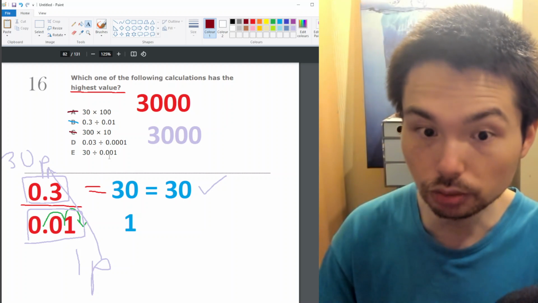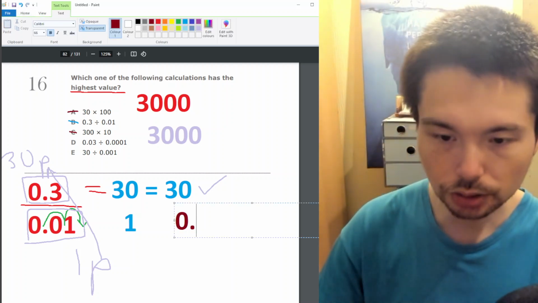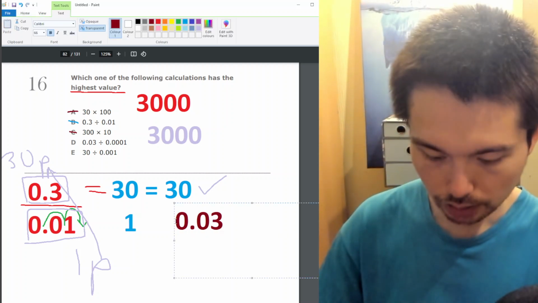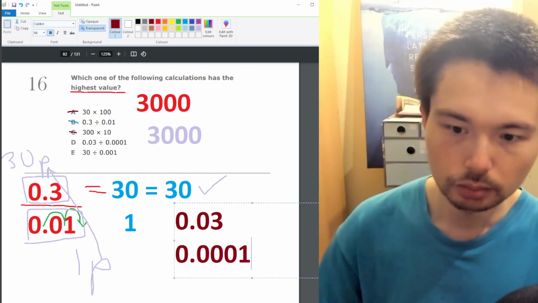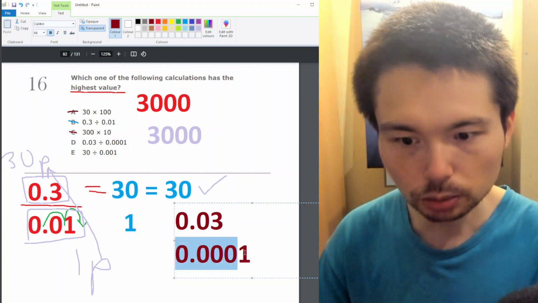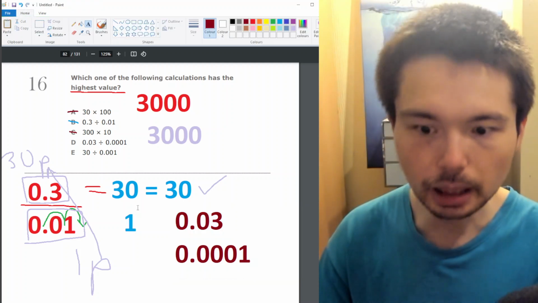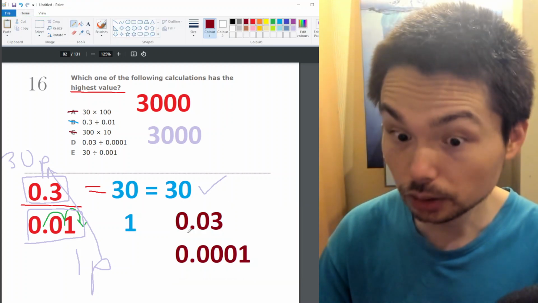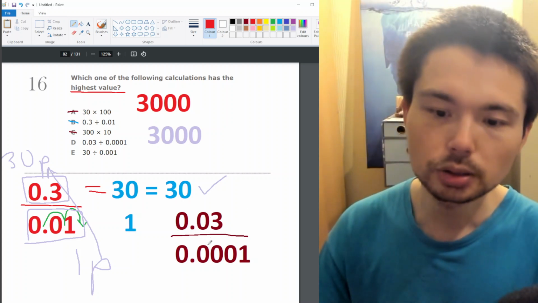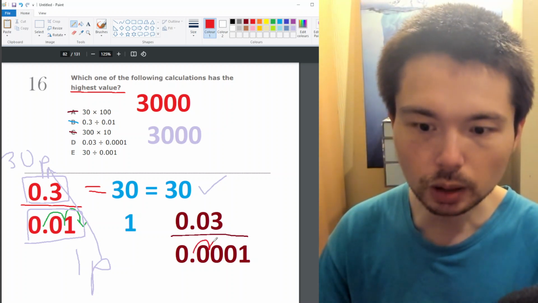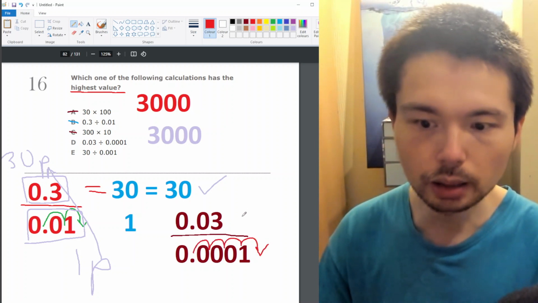Now that looks like a really, really big number. 0.03 divided by 0.0001. It just looks like such a small amount fitting into that amount. Now how do we get rid of all the zeros? We need to times top and bottom by a number with 4 zeros, 1, 2, 3, 4.